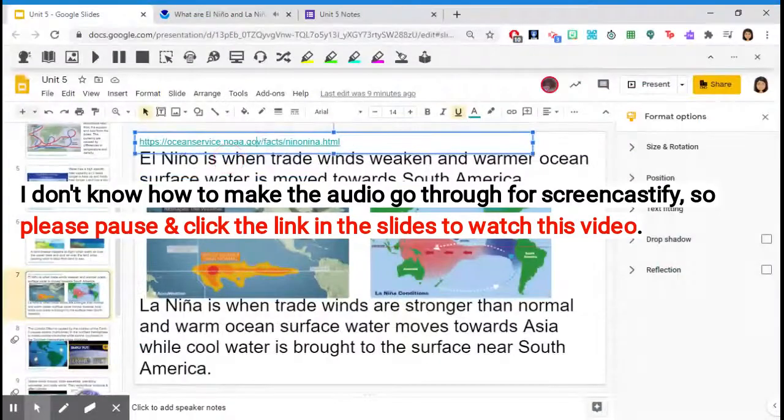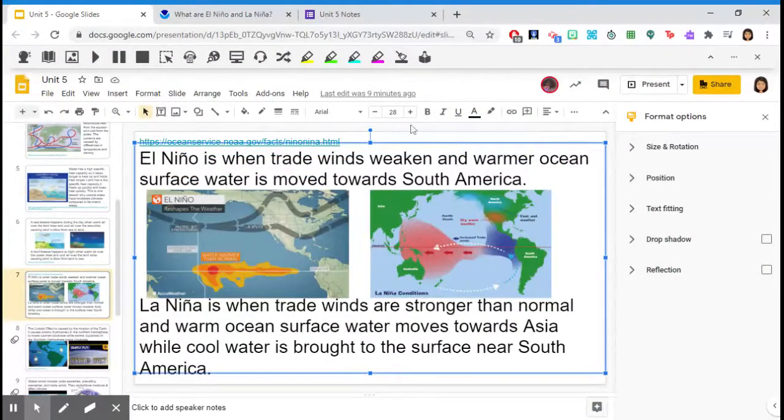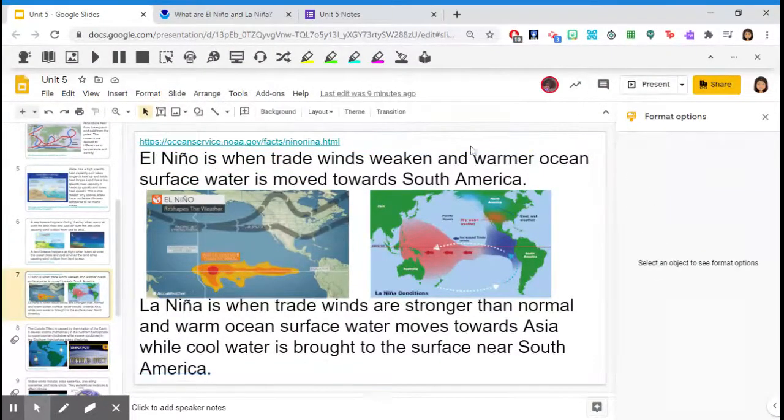El Nino is when trade winds weaken and warmer ocean surface water is moved towards South America. And that has an impact on the jet stream and weather that we experience here in the US. La Nina is when the trade winds are stronger than normal and warm ocean water moves towards Asia, which allows upwelling of that cold water to be brought to the surface near South America.